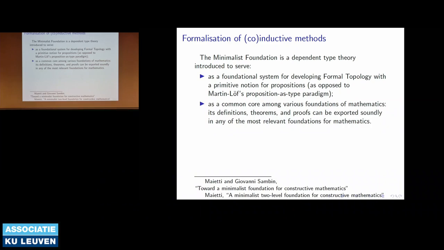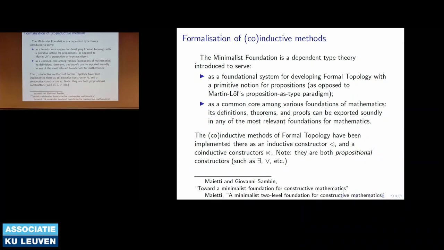Okay, and the second goal of the minimalist foundation, as hinted by its name, is the fact that it can be thought of as a common core among all the foundations of mathematics. This means that if you write down a definition, a theorem, or a proof in the minimalist foundation, then you can export it to your favorite foundation. For example, homotopy type theory.